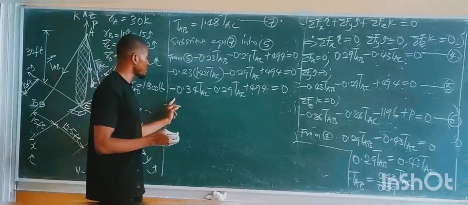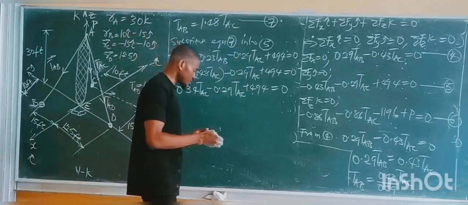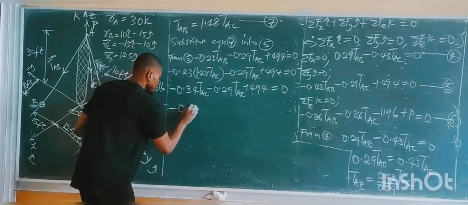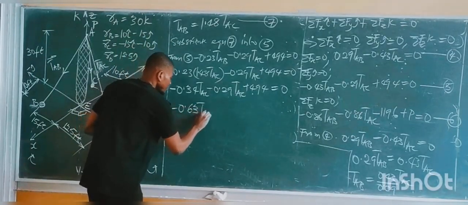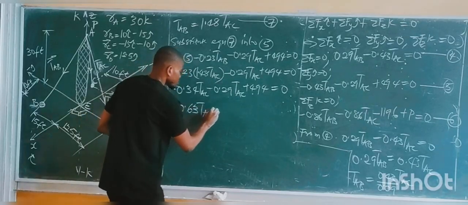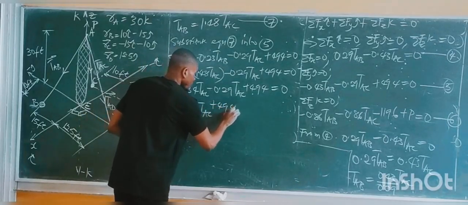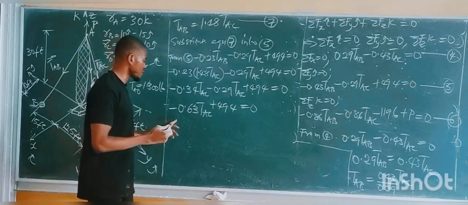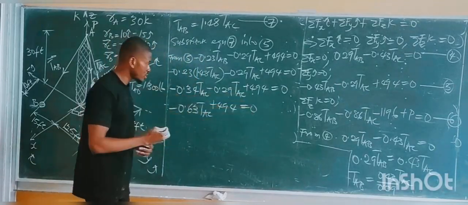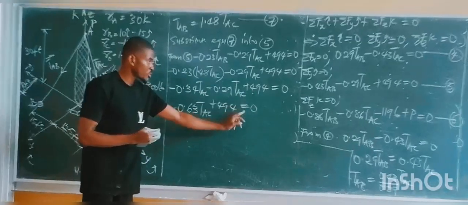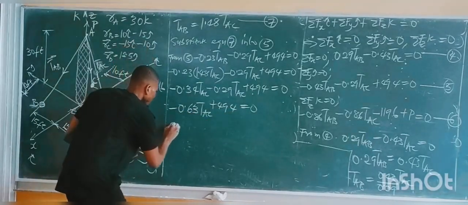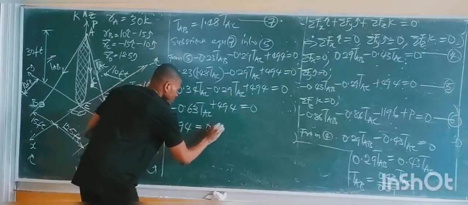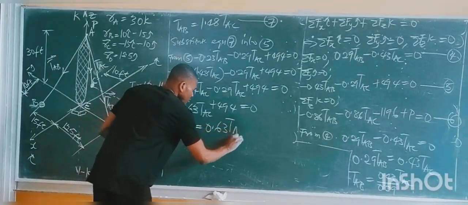At this point, we can combine them because they are all the same term. So minus 0.34 minus 0.29 gives us minus 0.63 TAC plus 494 equals 0. So let's send minus 0.63 TAC over to the other side of the equation. Negative sign becomes positive, so I'll simply have 494 equal to 0.63 TAC.